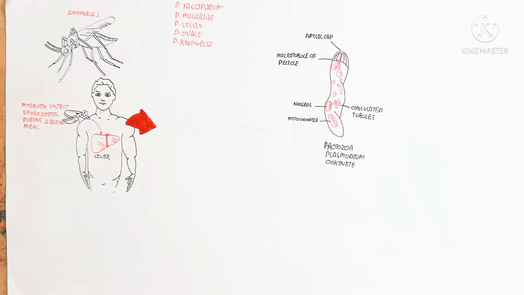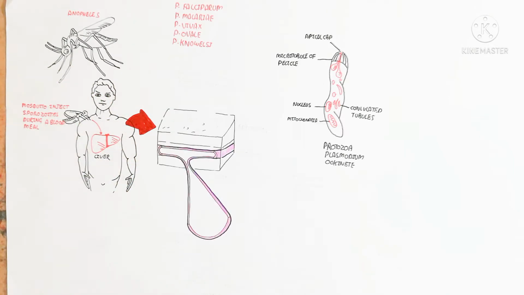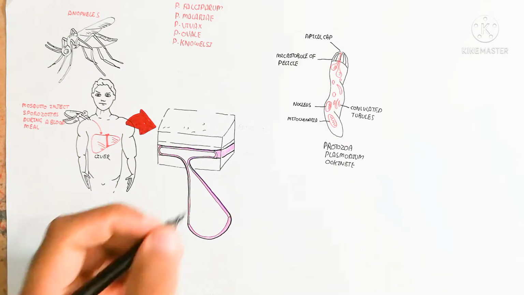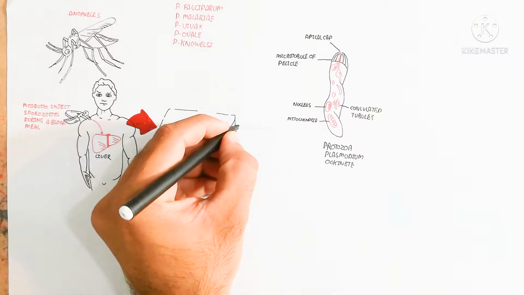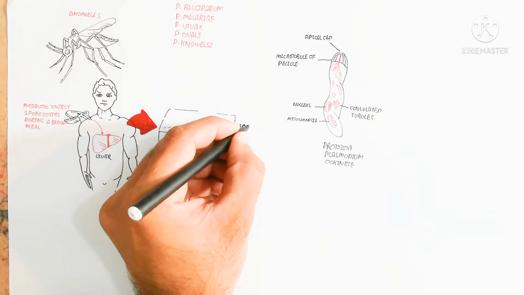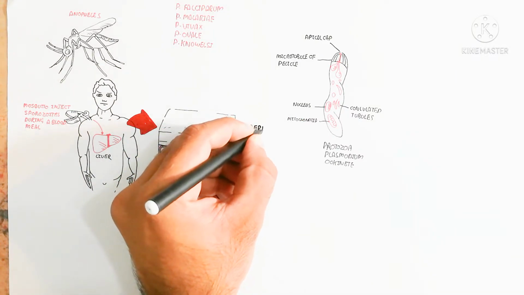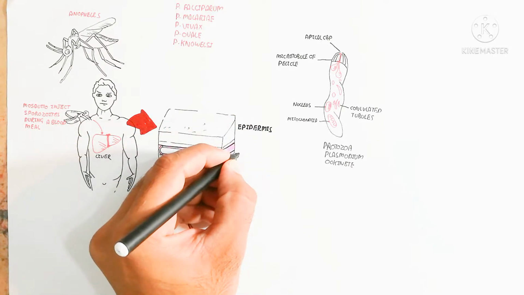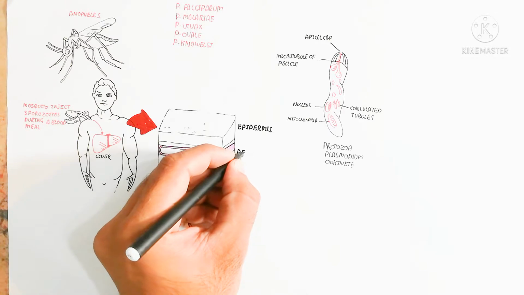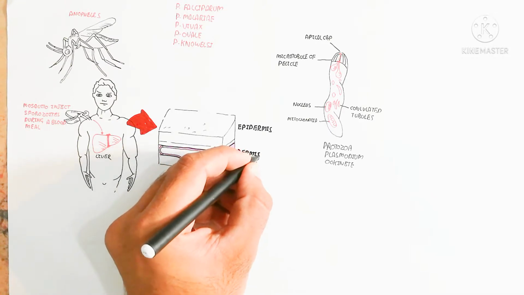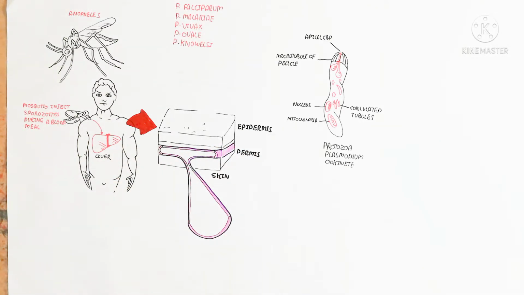Here we will discuss the skin, which contains the epidermis and dermis. The dermis contains blood vessels, and the small blood vessel is known as a capillary, which lets 3 to 4 red blood cells move one by one.